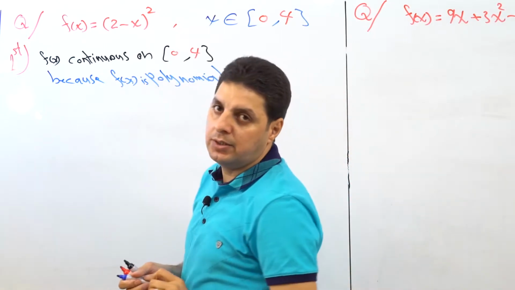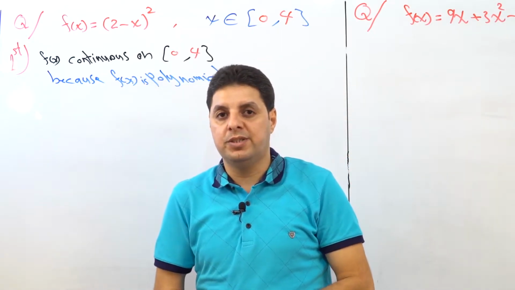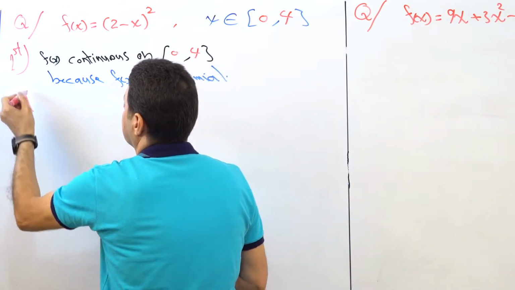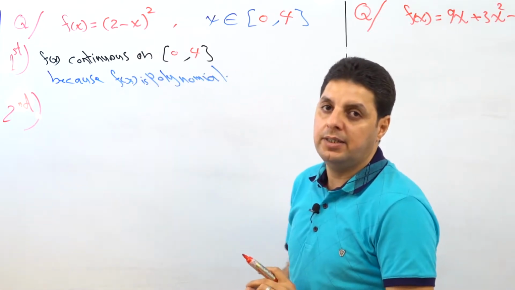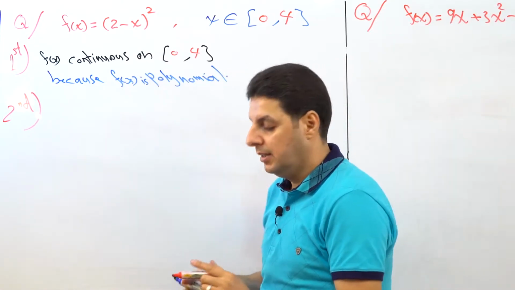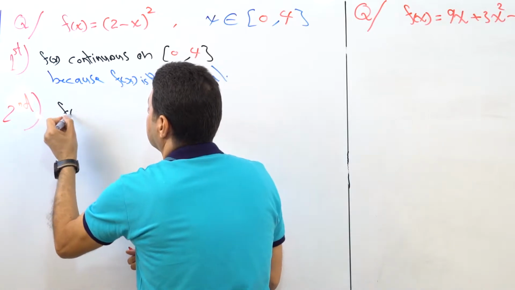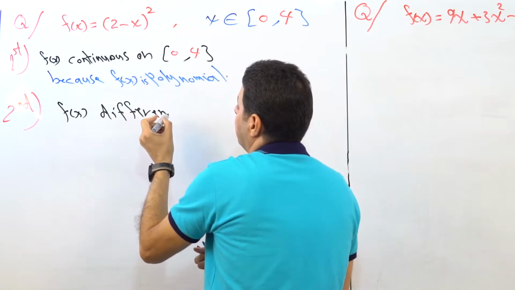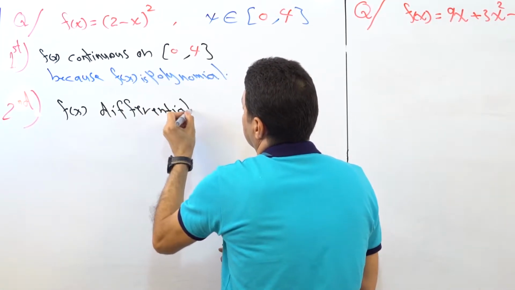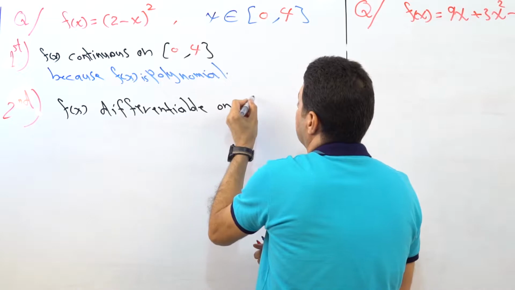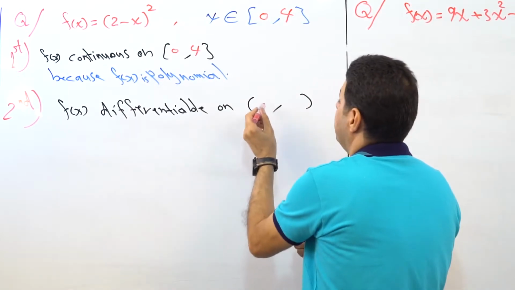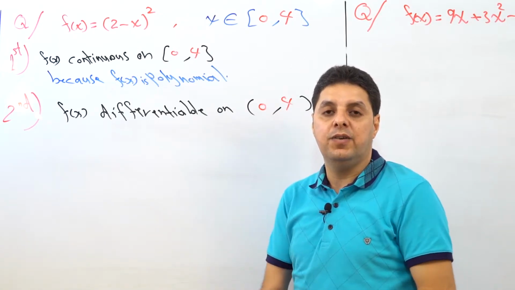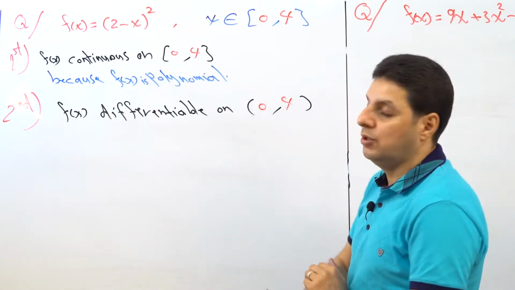The function is continuous if it is a polynomial. The second condition: function f of x differentiable on the open interval (0, 4). The function is differentiable on the open interval 0 to 4.